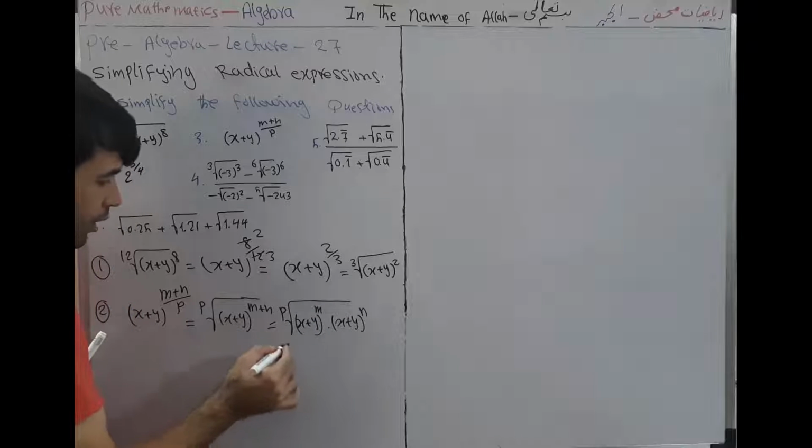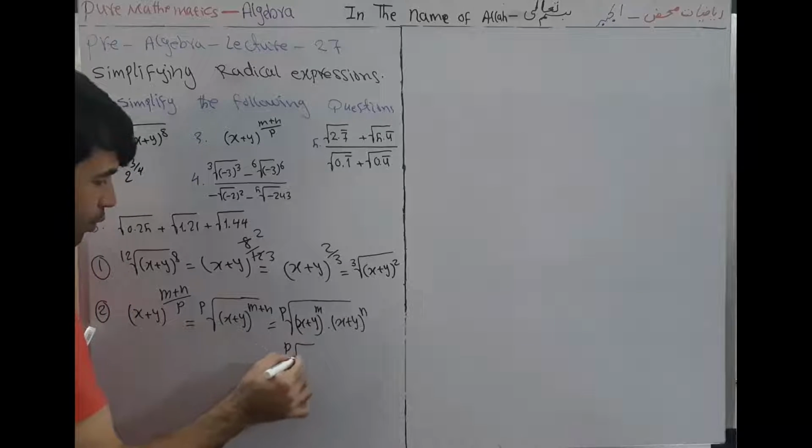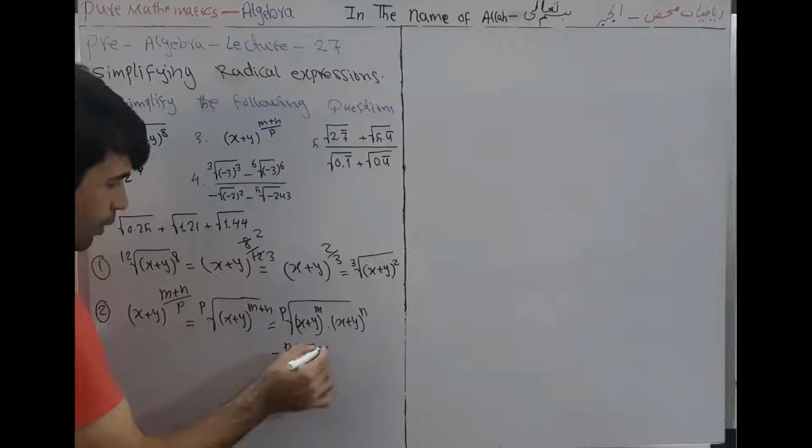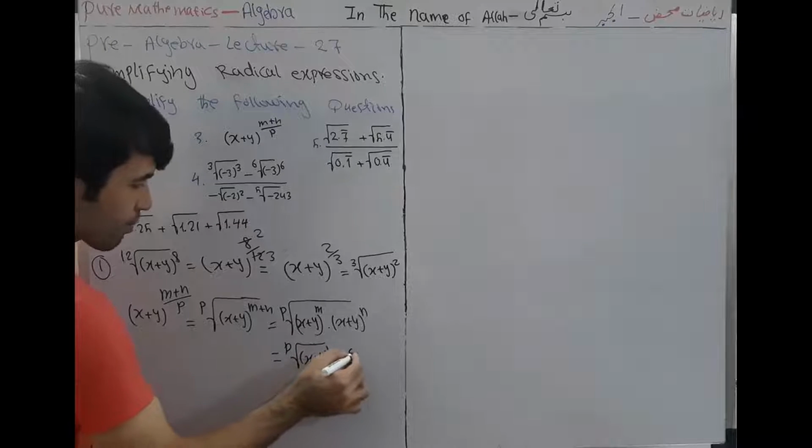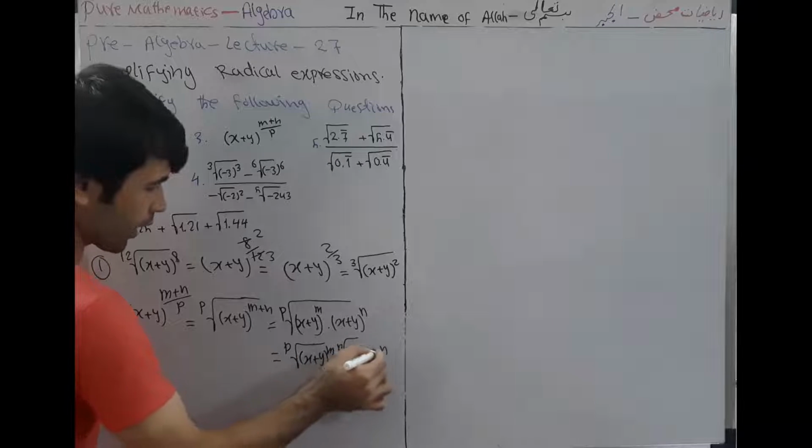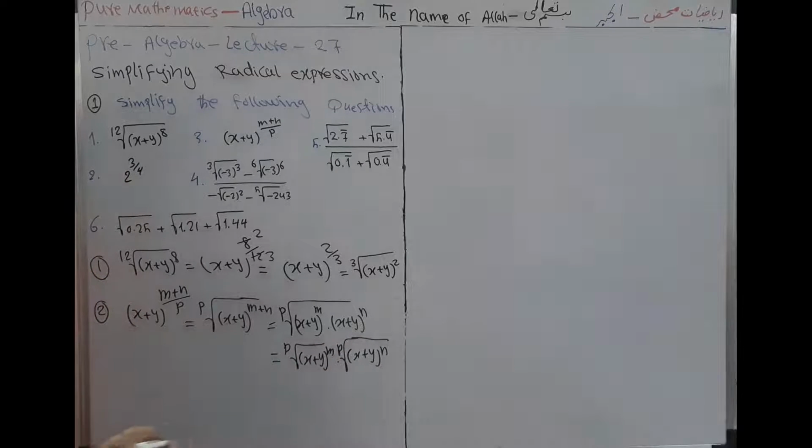We can write separately the pth root of (x plus y) whole to the power m into the pth root of (x plus y) whole to the power n. It is the answer of this problem.